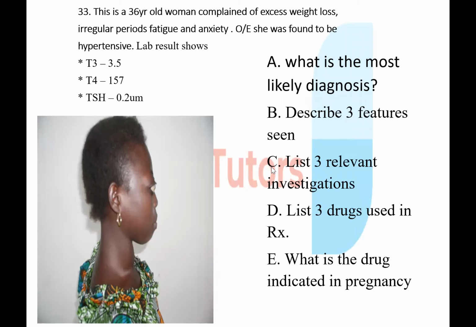All right, so who is attempting this question? Okay. Dr. Omulikoiri.